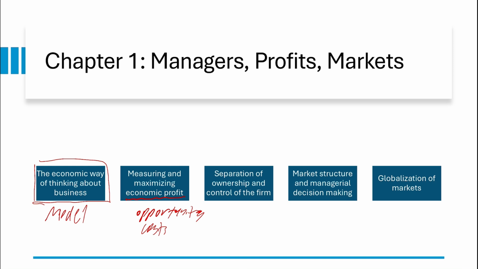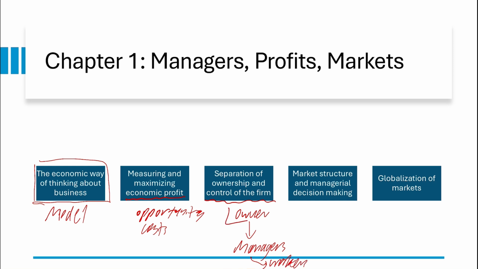Next, we want to look at one important issue when it comes to managing a firm, which is the fact that there's often a separation between the ownership and the control of the firm. For example, you might have a business owner, and they delegate a lot of responsibilities to managers, and managers delegate responsibilities to other workers.